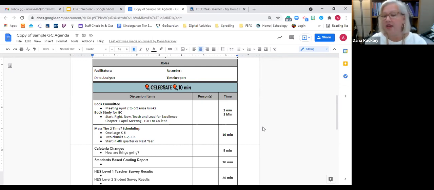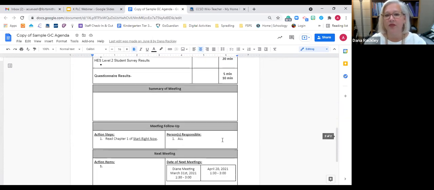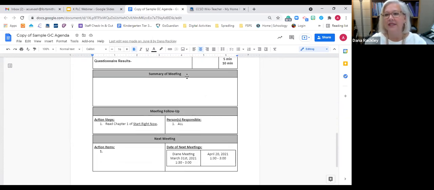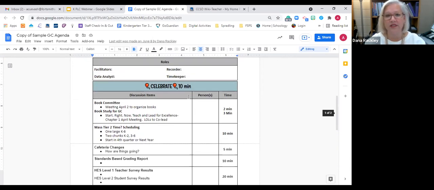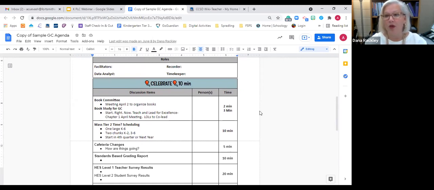And everybody within our building, not just the Guiding Coalition, has access to those notes. So everybody knows what was discussed, what was decided, what next steps are. And if anybody in the building has a comment or a question or a concern, they can then go to their grade level lead to ask that question or get something clarified.